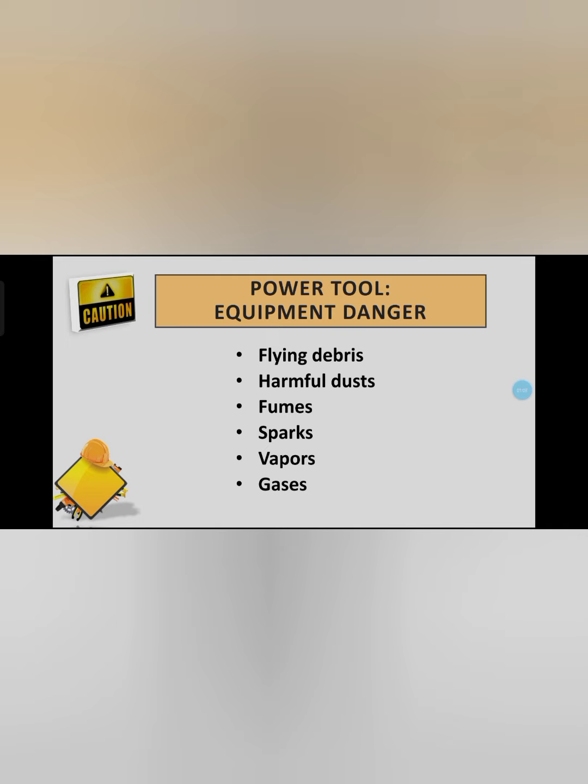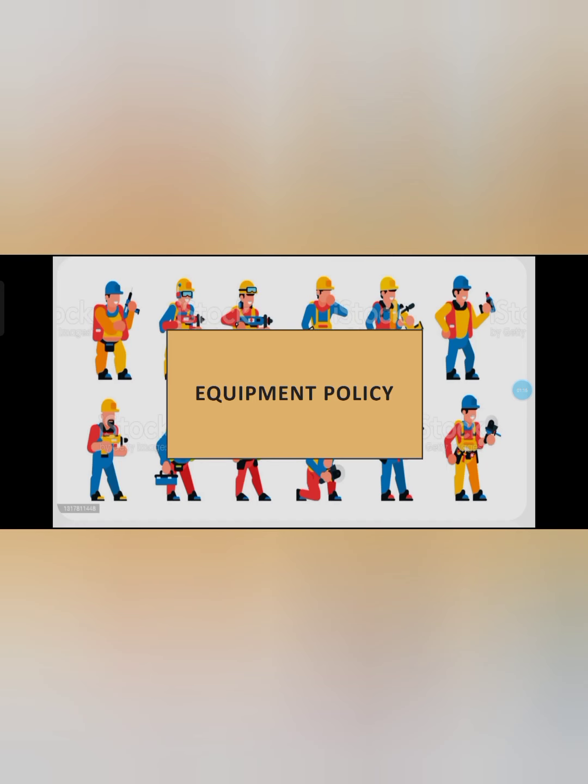Because of this, it is important that proper safety policies are followed at all times. Okay? An equipment policy, guys, to ensure the safety of the personnel. So we have an equipment policy to be followed.